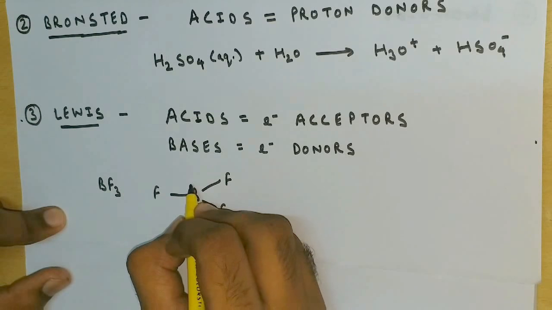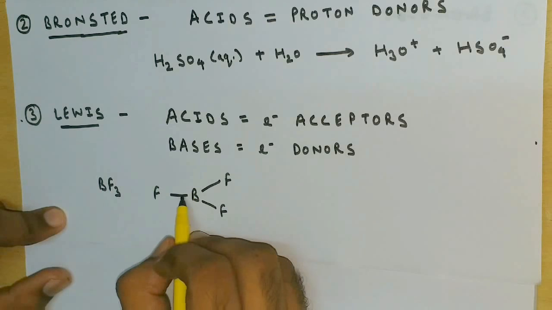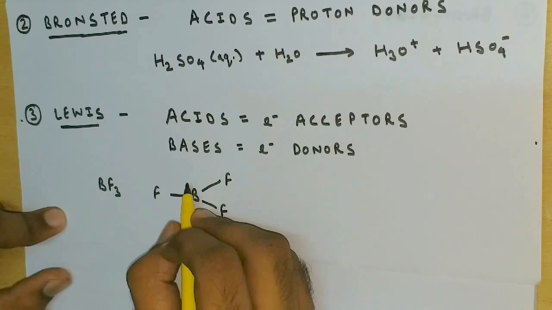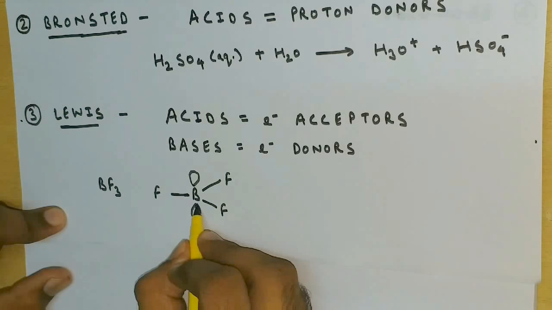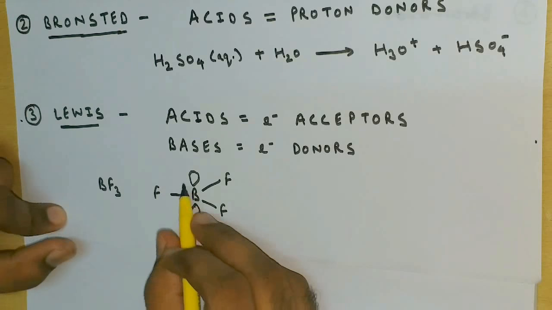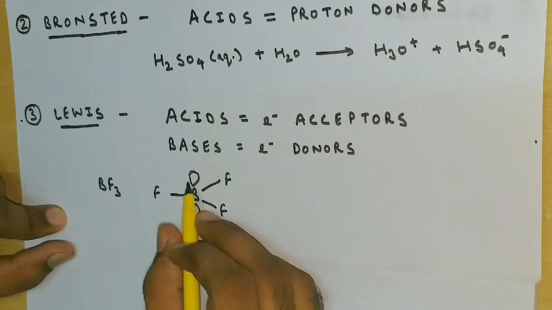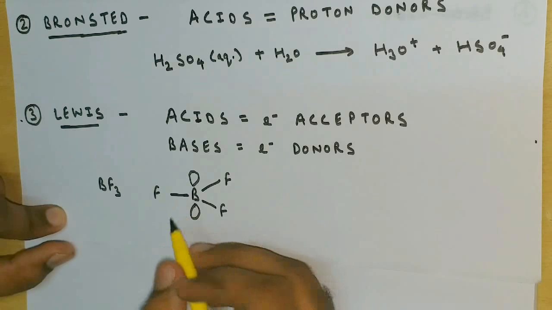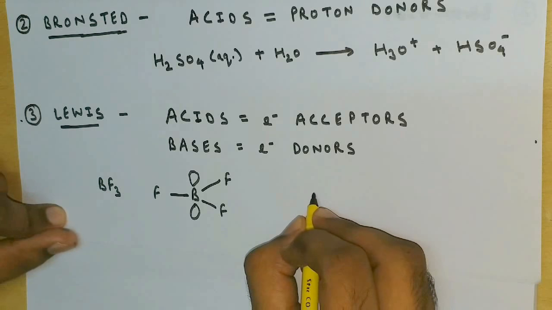This is a planar structure, and it has one vacant p orbital which is of dumbbell shape, and half of the dumbbell is located above boron and half of the dumbbell is located below its plane. And this orbital can readily accept electrons to help boron complete its octet. That is the reason why BF3 can be called a Lewis acid.